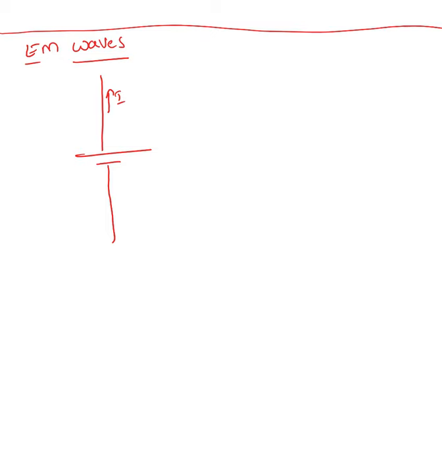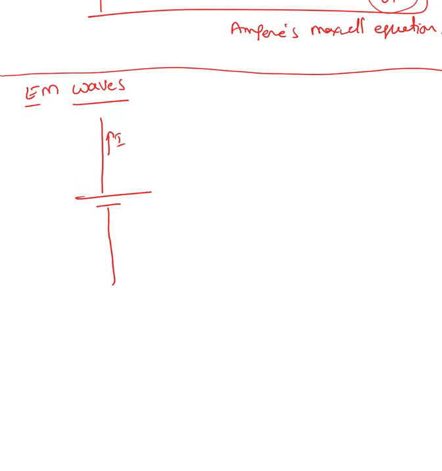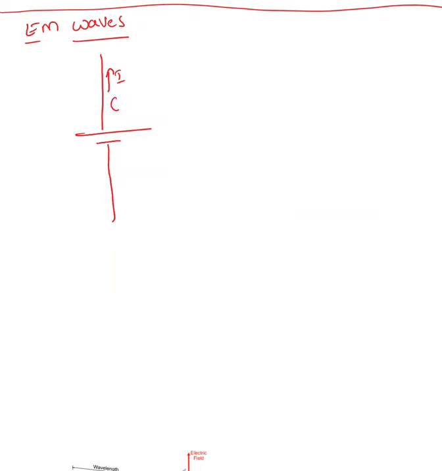So if current is going up, the magnetic field here is going into the screen, and here it is coming out of the screen, because the magnetic field is always rotating around the conductor. I'm going to draw a few more dots, same thing here.